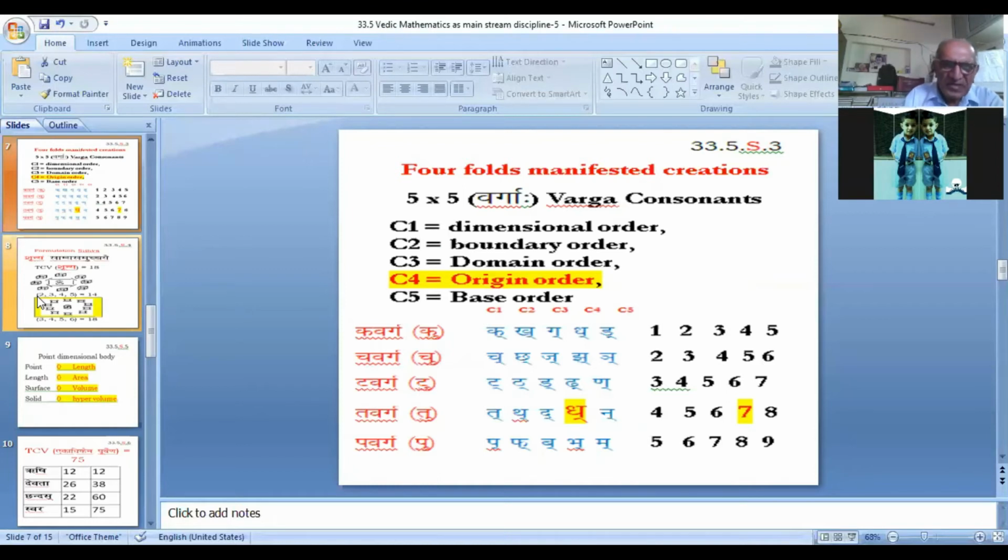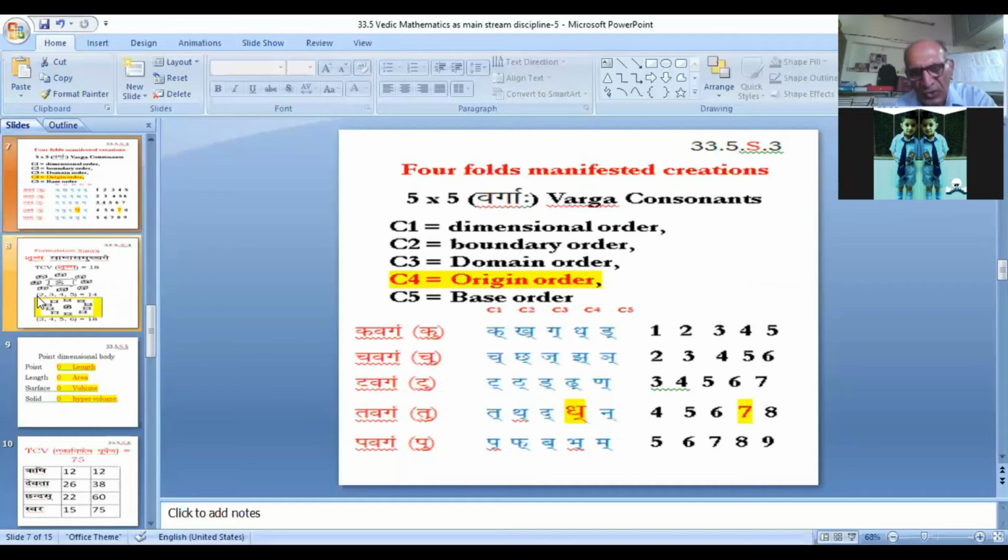The first column is of a dimensional order. So the second column is of a boundary order. Third column is of a domain order. And the fourth order is the origin order.